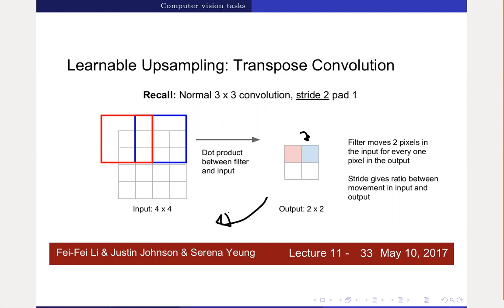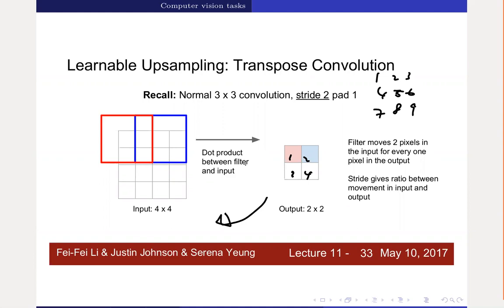Now if I want to do an inverse operation for that, of course I lose lots of information, but one reasonable way to do that would be simply that I have this coefficient, and I multiply it by this kernel and put it here. So for example, let's say I have these values, 1, 2, 3, 4, and I have a kernel that is 1, 2, 3, 4, 5, 6, 7, 8, 9.